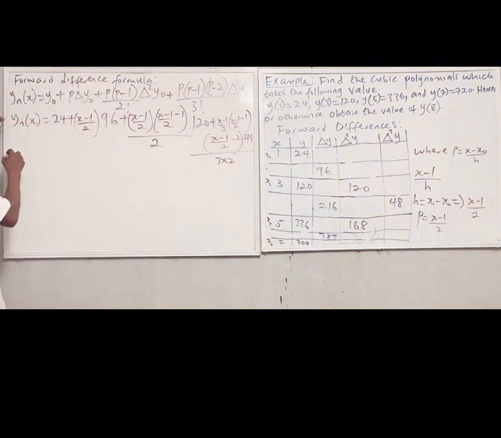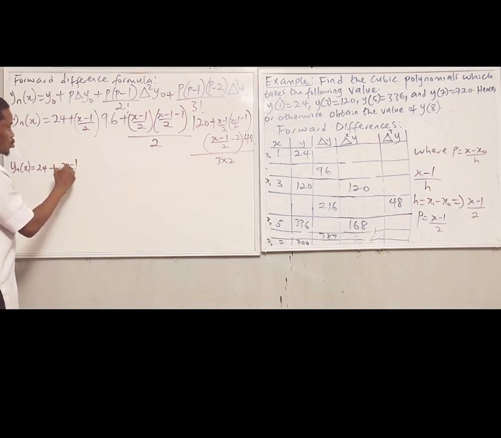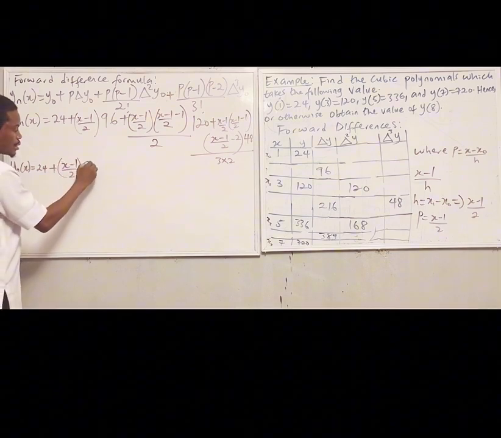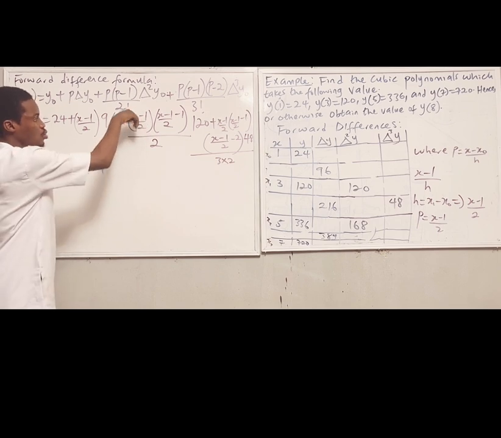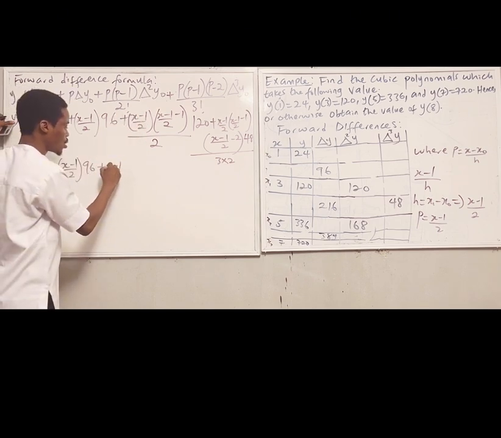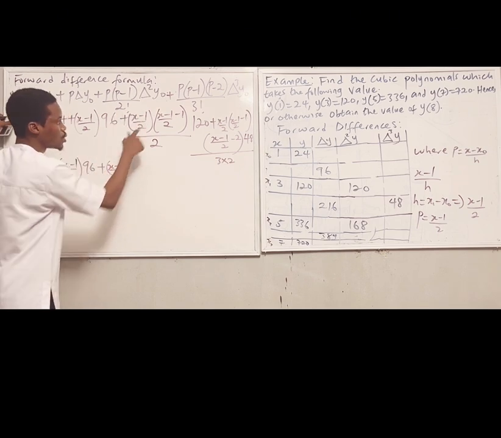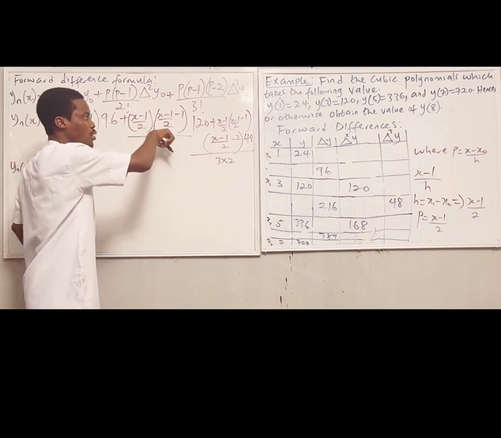So here what I'm going to have is y n of s is equal to 24 plus s minus 1 over 2 all over 2, 96 plus. So let me solve this. S minus 1 all over 2 as well. So s minus 1 all over 2 minus 1.